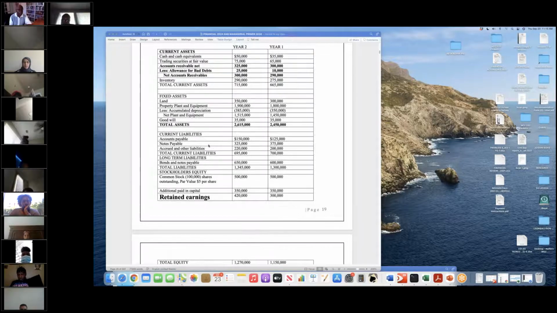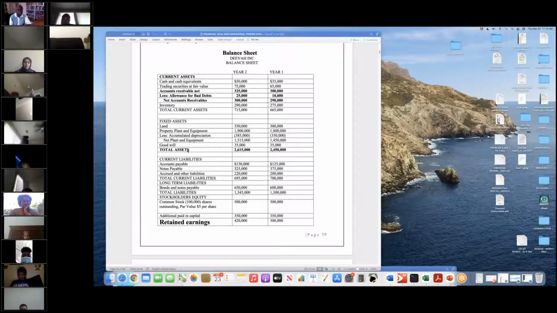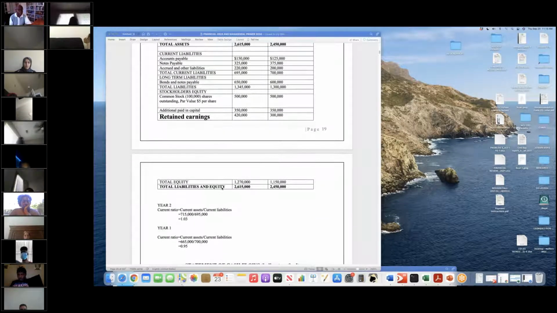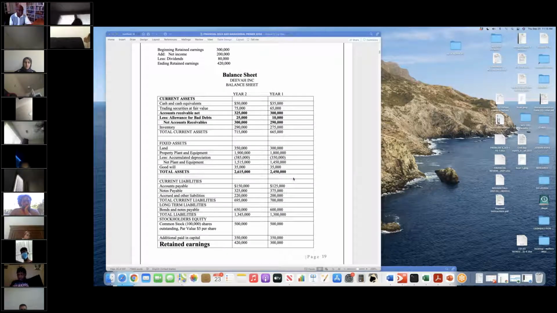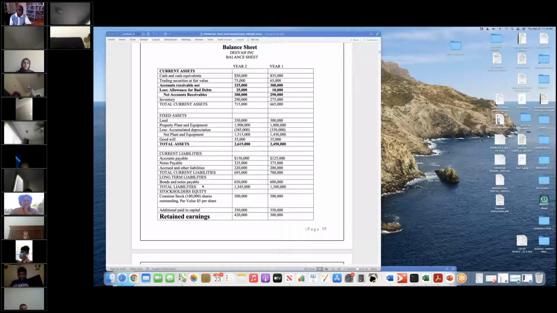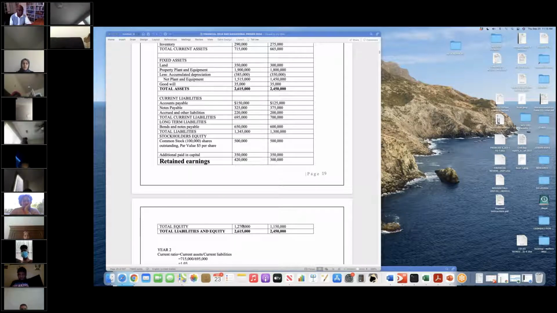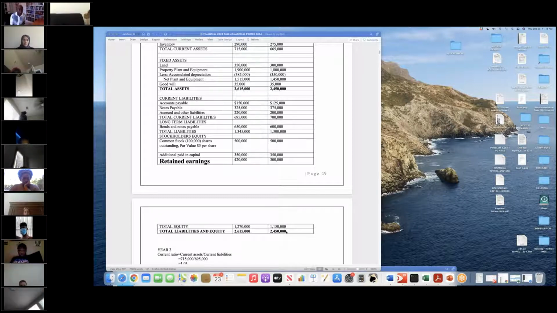And with a balance sheet, the total assets that we have always has to equal the total liabilities and equity. So we got the assets over here. So this is the accounting equation: assets equal liabilities plus stockholders' equity. So the total assets up here must equal total liabilities plus total equity, or total liabilities and equity. So that balance sheet has the balance.